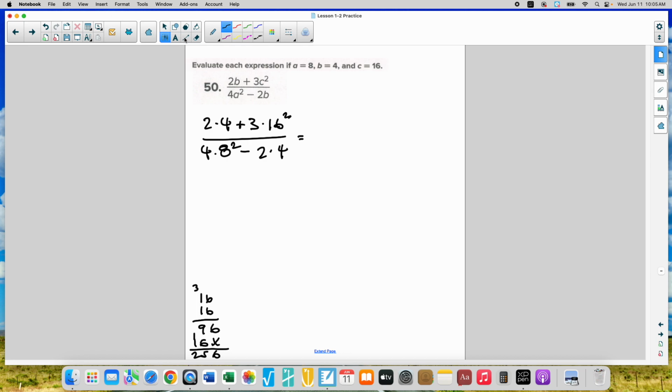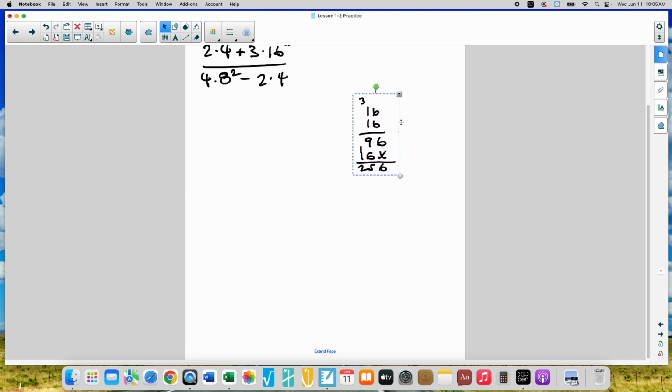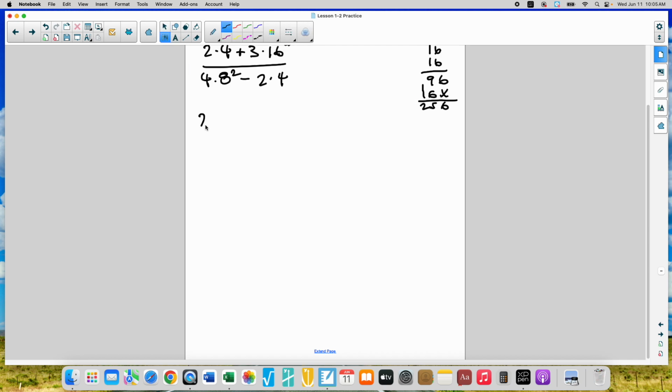So let's get rid of this equal sign. Let's expand the page. Move that over. So we have 2 times 4 plus 3 times 256 over 4 times 8 squared minus 2 times 4. Let's do the multiplication left.